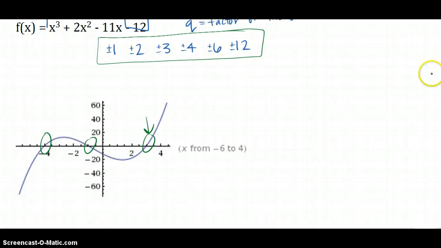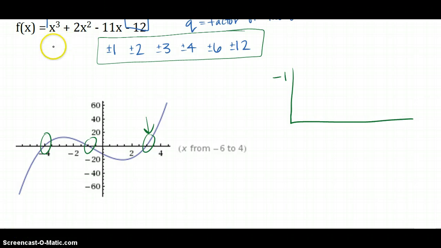So what we're going to do is use synthetic division. I'm going to pick one of these, I'm going to go with -1, just for the heck of it, and set up my synthetic division. Use your coefficients from the polynomial: a 1, and then a 2, a negative 11, and a negative 12. So I bring down my 1, multiply.